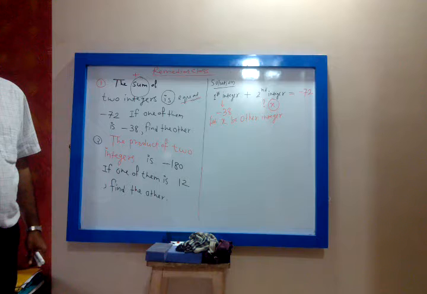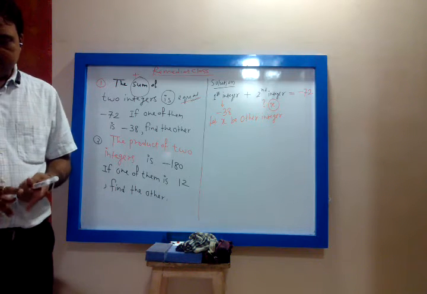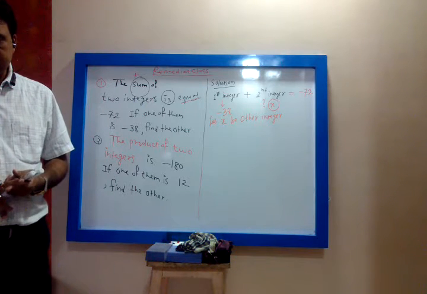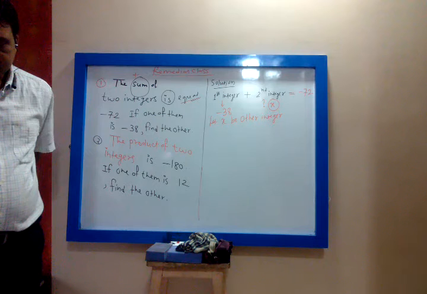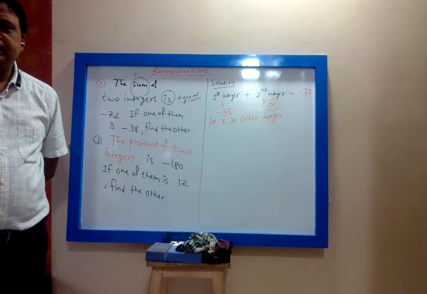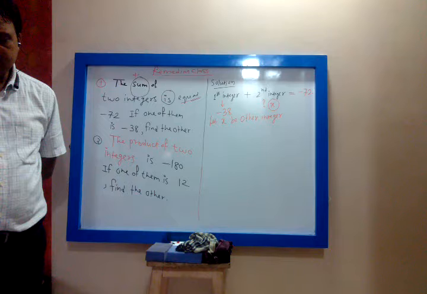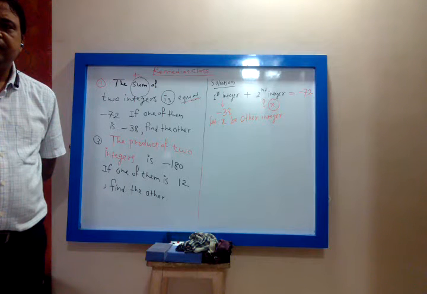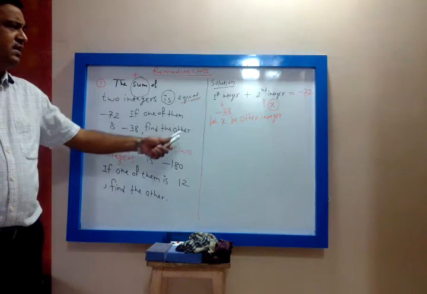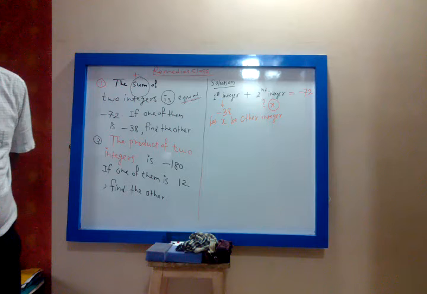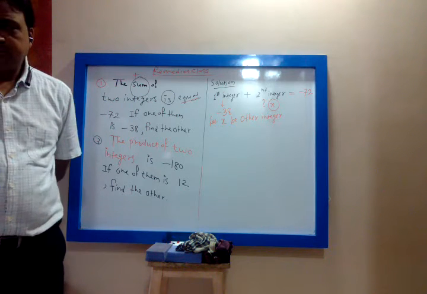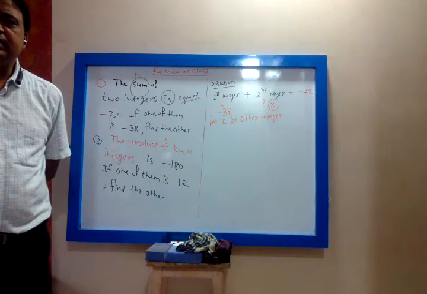7C roll number 16. 7th B roll number 21. 7th D roll number 33. 7th D roll number 31. Give the answer. What is that equation? 7th E roll number 20.